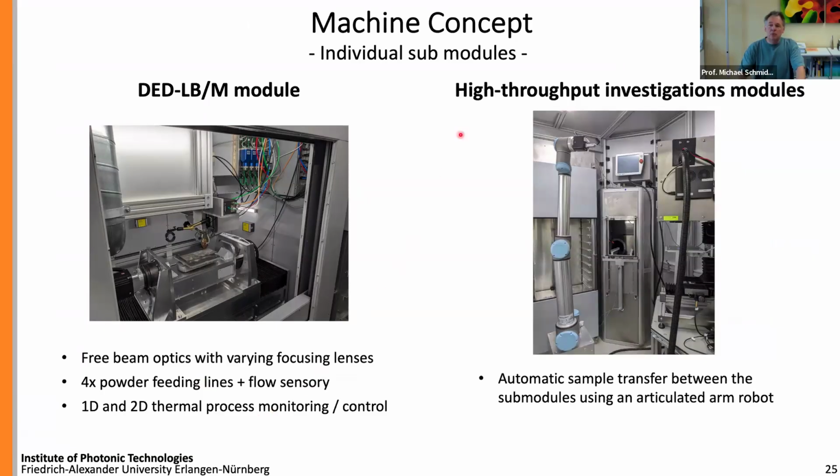For high throughput investigations, the machine is also equipped, though I'm not using this in this presentation, with a robot that can automatically transfer the samples from the building area into LIBS, for example, to see what the chemical composition is and put it back.